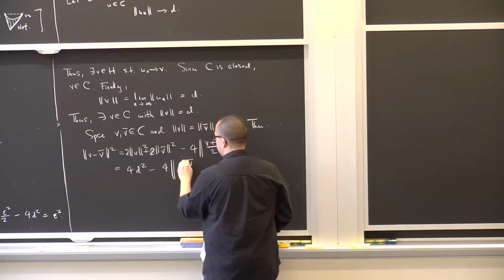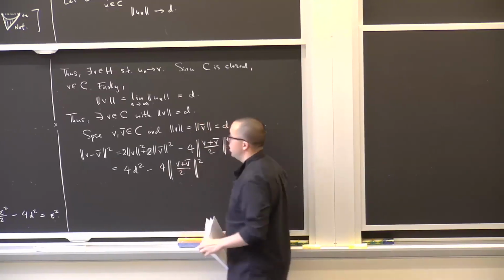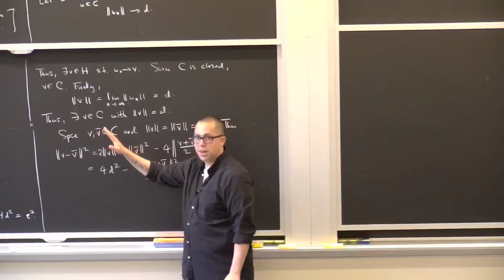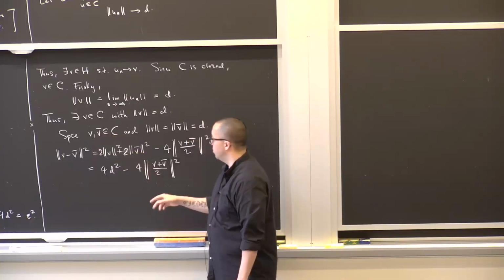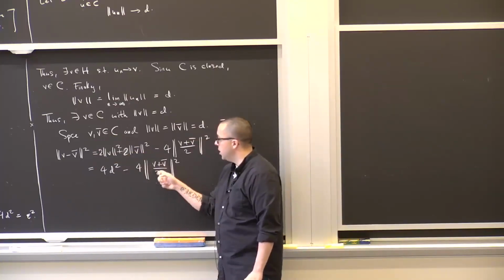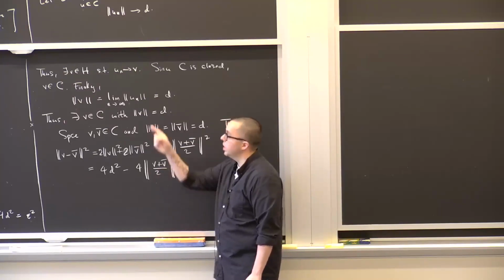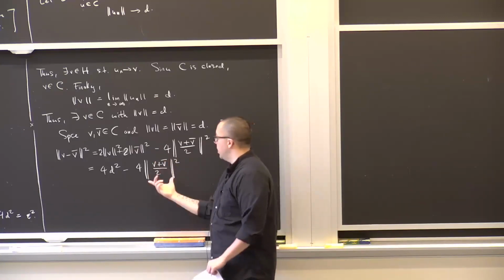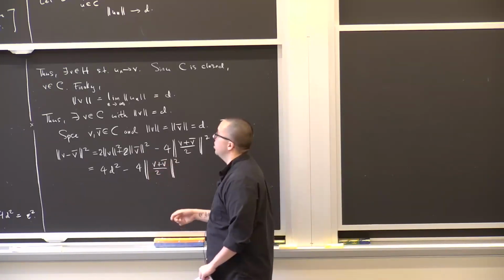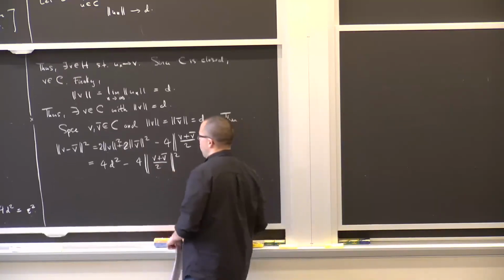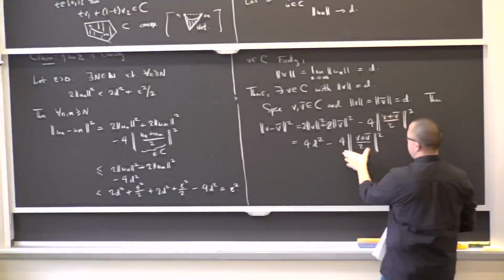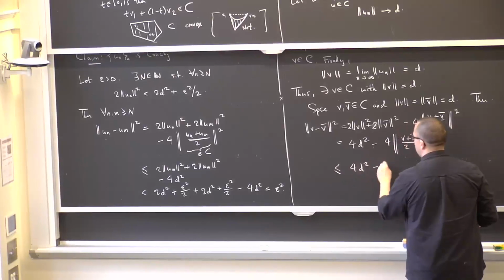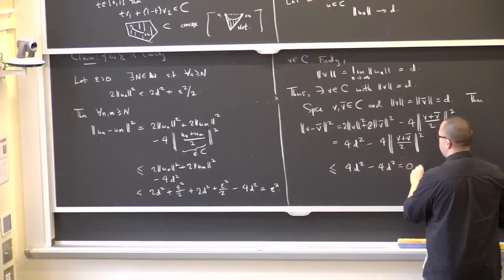And again, since C is convex and both V and V bar are in C, where V bar does not mean complex conjugate, it just means something other than V, their midpoint, which is t equals a half in the convexity condition for this theorem, is also in C. Since D is the smallest of all the norms, the norm squared has to be bigger than or equal to D squared, and when I hit a minus sign, that flips the inequality, so that's less than or equal to 4D squared minus 4D squared equals 0.